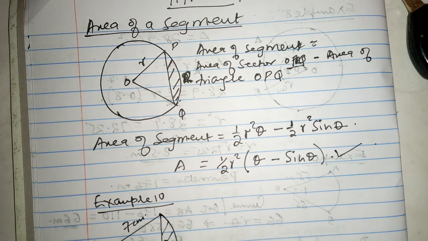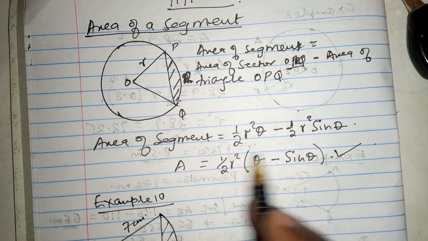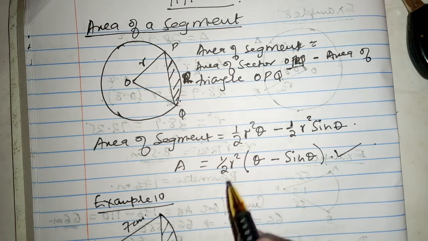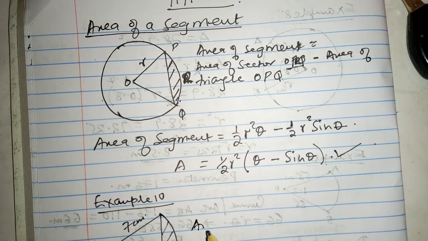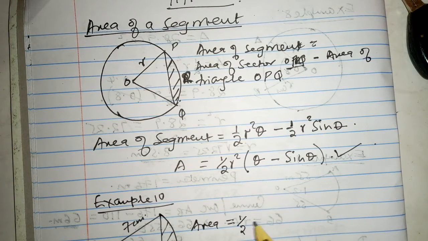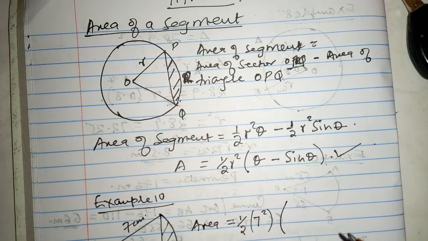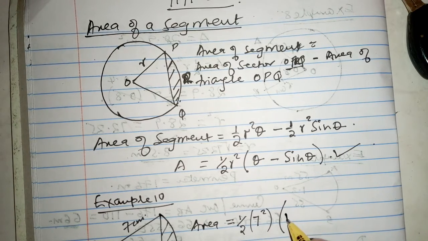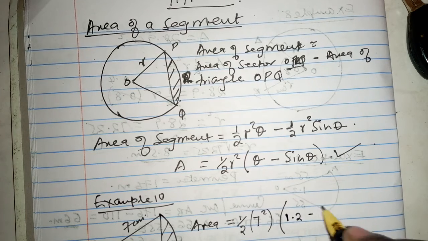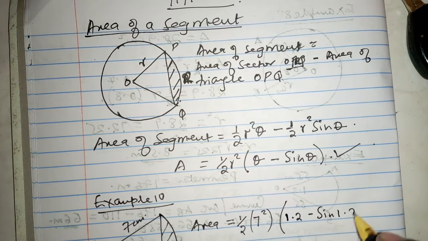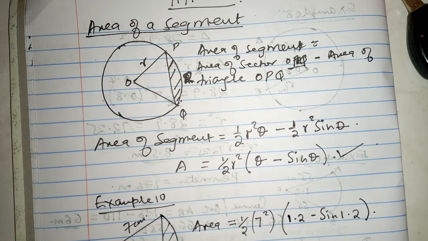And the area of the shaded region is very simple now. We just have to apply the formula. Area is equal to a half r squared, which is 7 squared, open brackets, theta, which is 1.2, minus sine 1.2 radians.